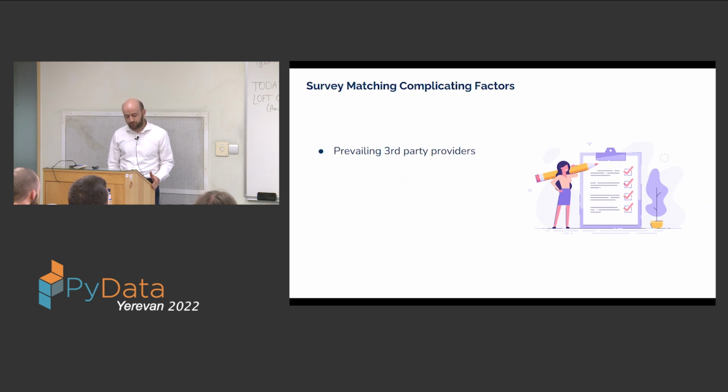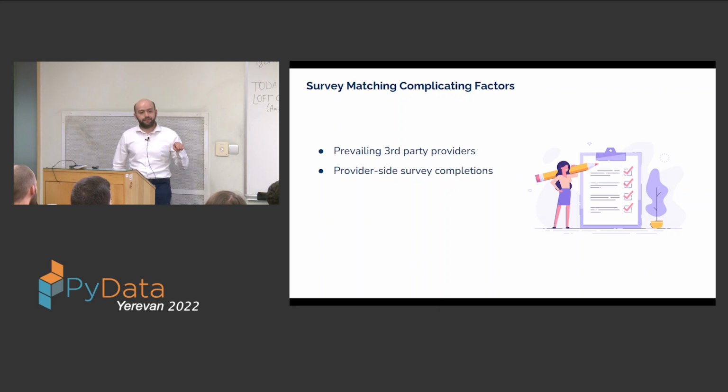As I have mentioned, most of our surveys are coming from third-party providers. And the complicating factor of that is that whenever we show the surveys on our platform, the users click on the survey, but to complete the survey, they are redirected to the website of the provider where they complete the survey. And it means that we do not see the questions in the survey, and we do not see what answers this user is giving.